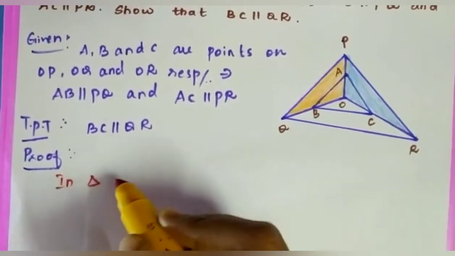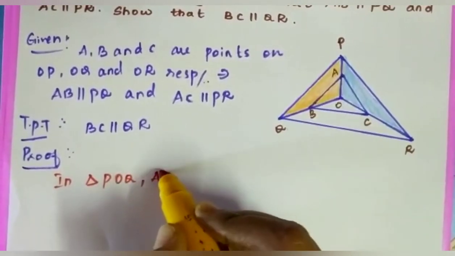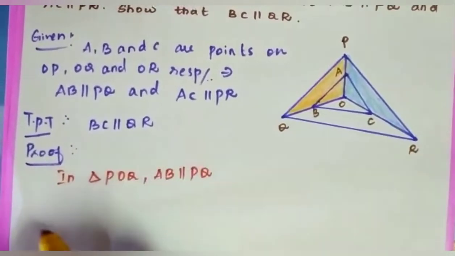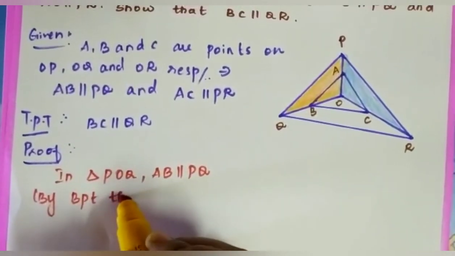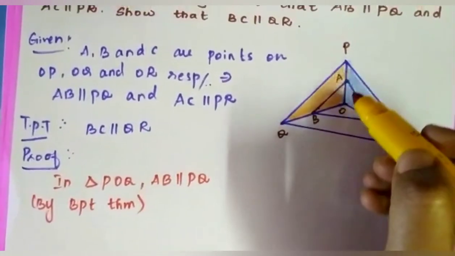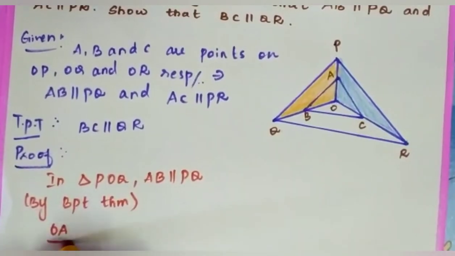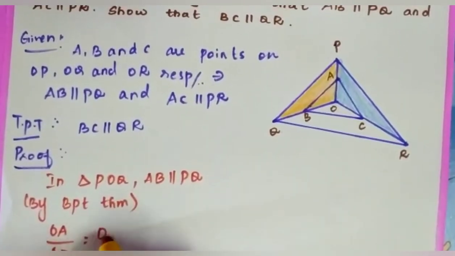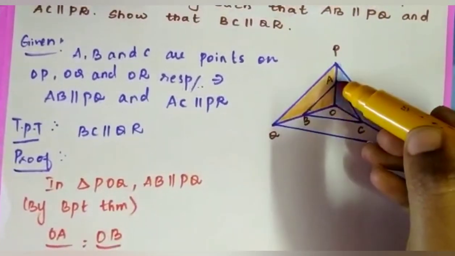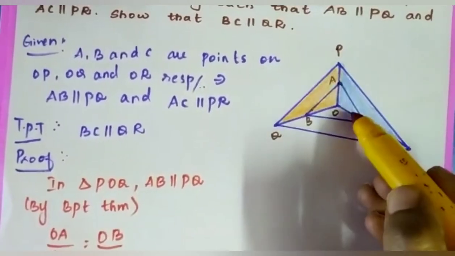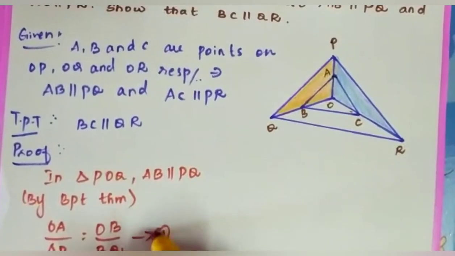In triangle POQ, AB parallel to PQ, by BPT theorem, we can tell that OA divided by AP equals OB divided by BQ. Clear? Mark this as 1.